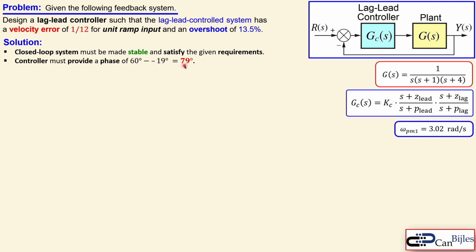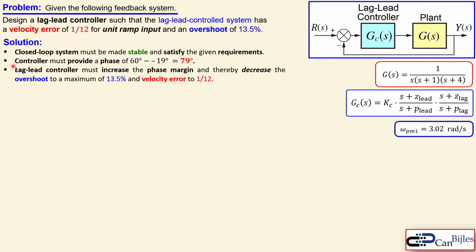That means we need to go up by 79 degrees, which is a lot. So the lag lead controller must now increase the phase margin and thereby also decrease the overshoot to a maximum of 13.5%, and also the velocity error must still stay at 1/12 at max. So there are still some specifications we need to meet.